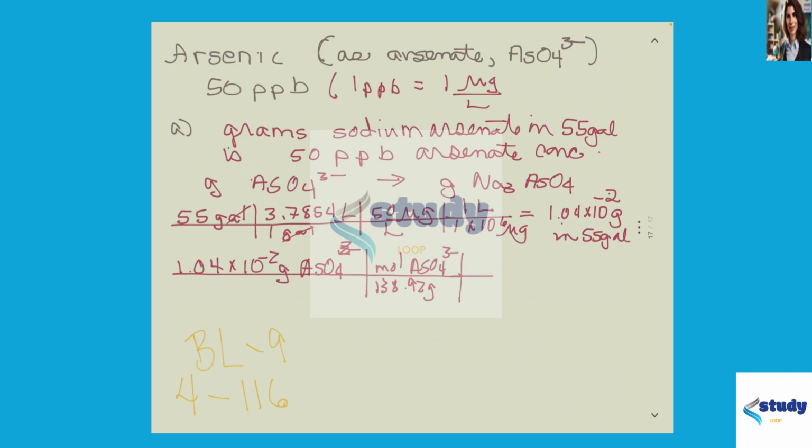And 1 mole of AsO4 3 minus, and 1 mole of that, but my molar mass will be 207.9 grams of the sodium arsenate per mole.